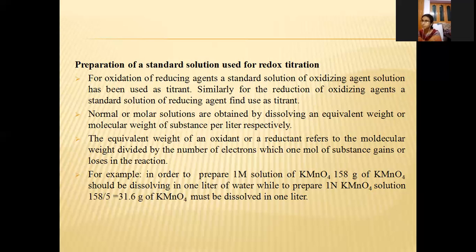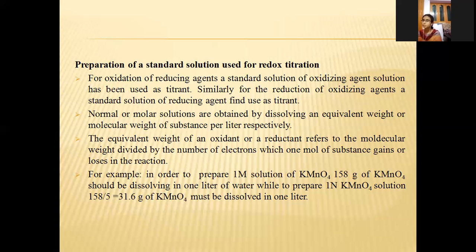For example, if you want to prepare a 1 molar solution of potassium permanganate, 158 grams of potassium permanganate should be dissolved in 1 liter of water. 158 is the molecular weight of potassium permanganate.